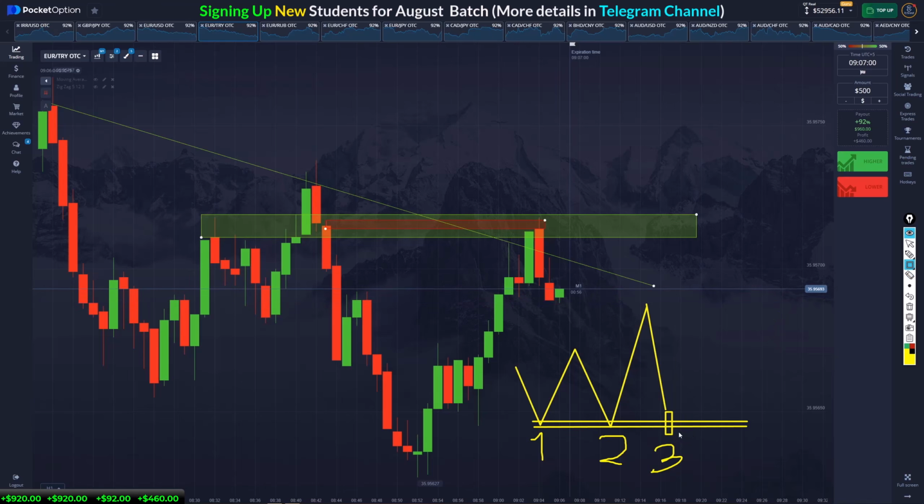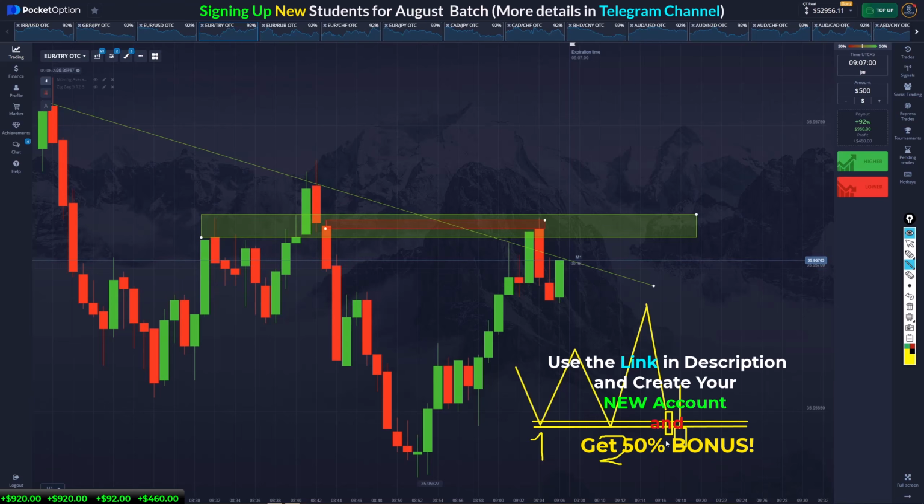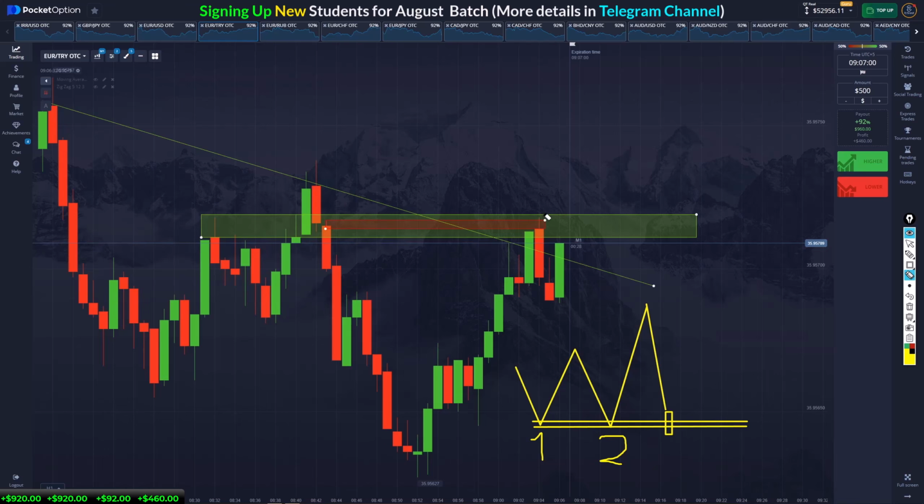But if it opens with a gap up instead of gap down, it's a confirmation that the price will go up and then usually reject and close against our setup. It means that if we were going with the buyers, we would lose this trade because of this gap up. So you need to be extra careful when it comes to gaps. For example, here, a gap down would make us lose this trade, so we have to take it even smaller.